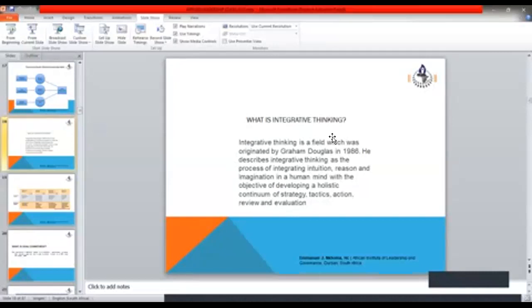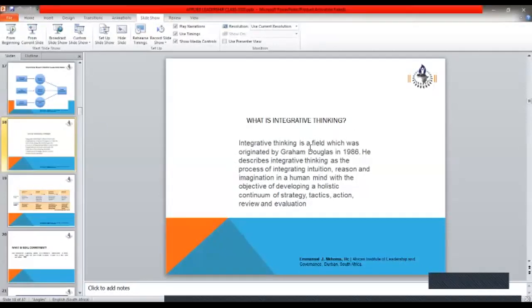So what is integrative thinking once again? Integrative thinking is a field which was originated by Graham Douglas in 1986. He describes integrative thinking as the process of integrating intuition, reason, and imagination in the human mind, with the objective of developing a holistic continuum of strategy, tactics, action, review, and evaluation. Let me repeat that again.